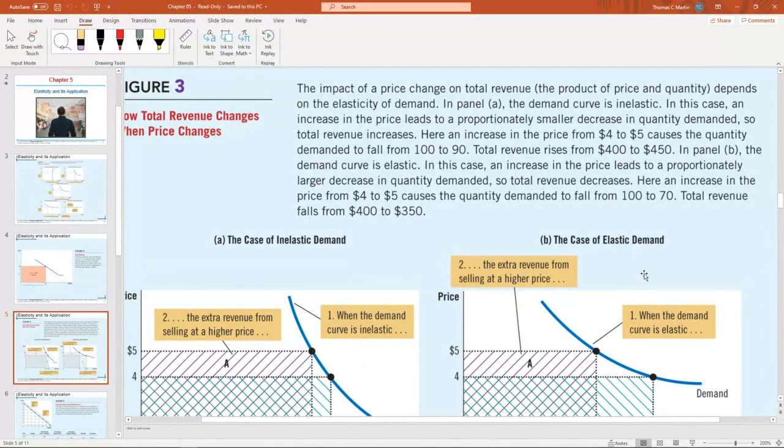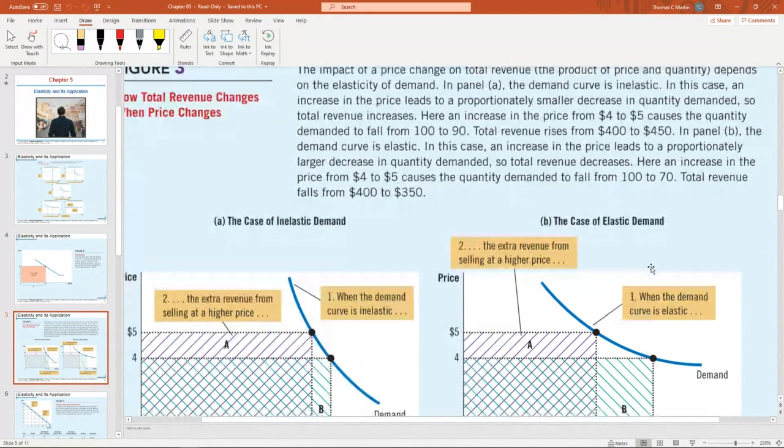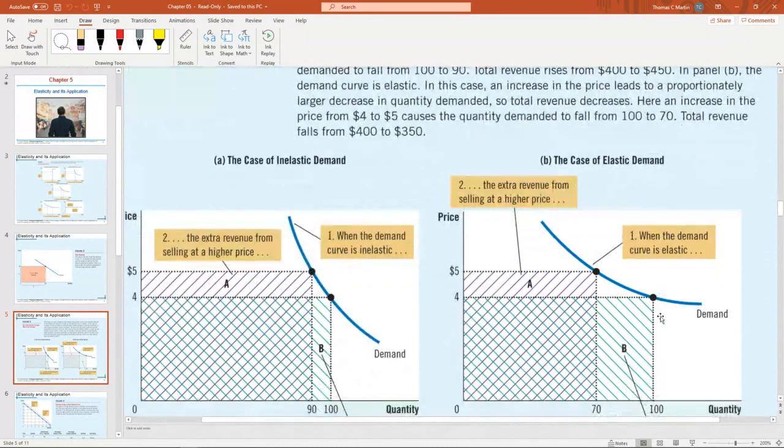Now on the other side, we have an elastic curve. And it starts out the same way. 4 times 100 is 400. That's our total revenue. If we raise the price by $1, just like we did over on the inelastic curve, we'll see a 30-unit drop in quantity.